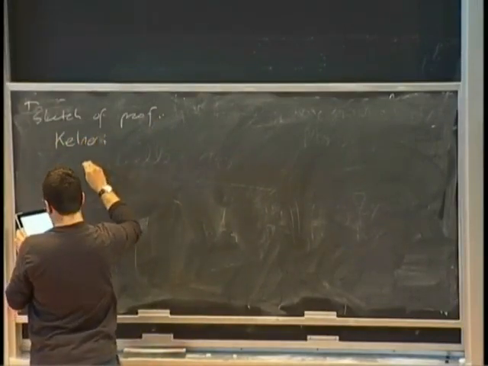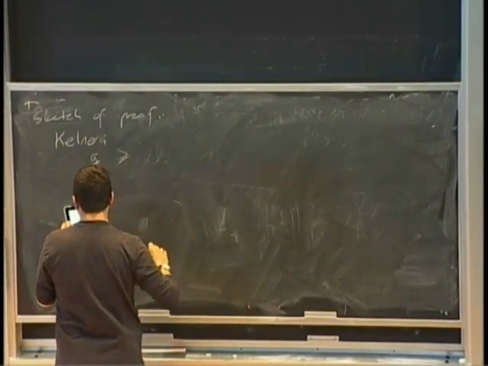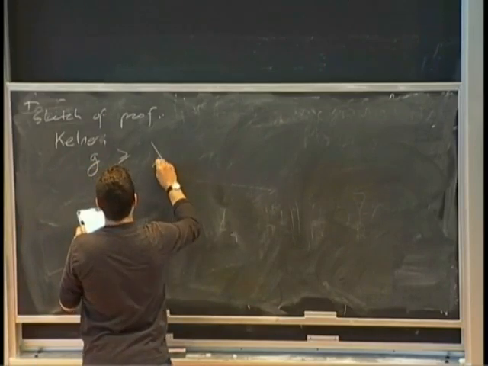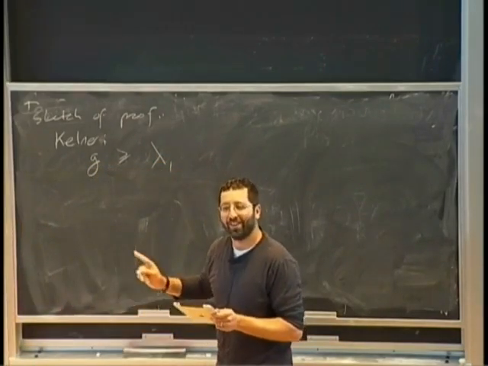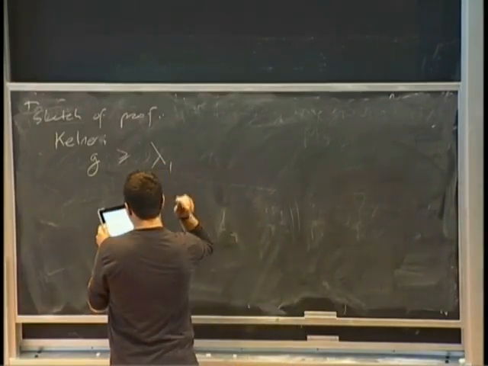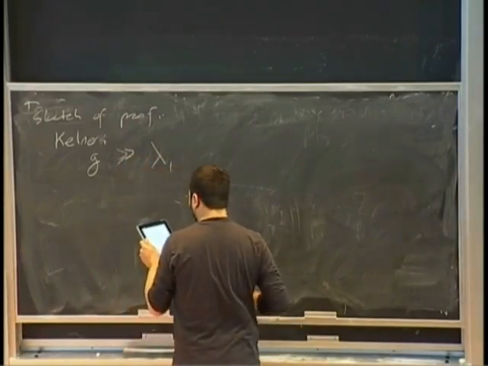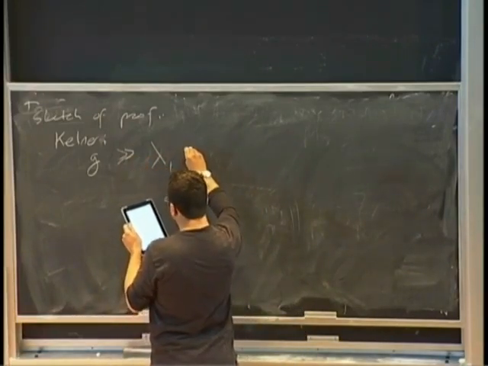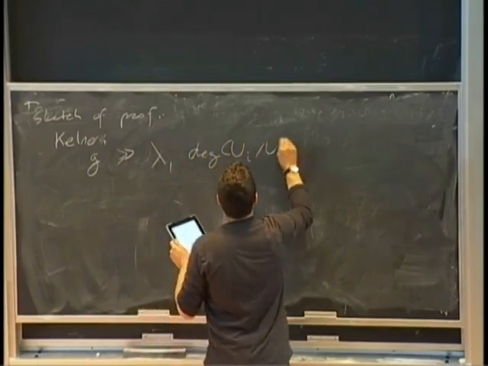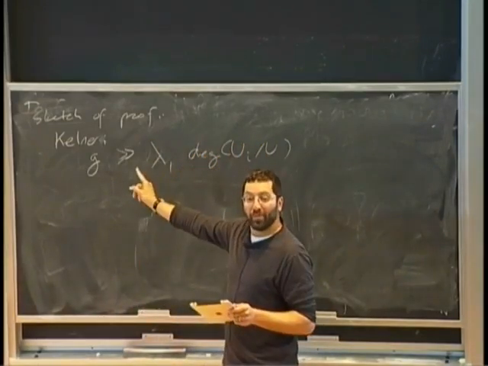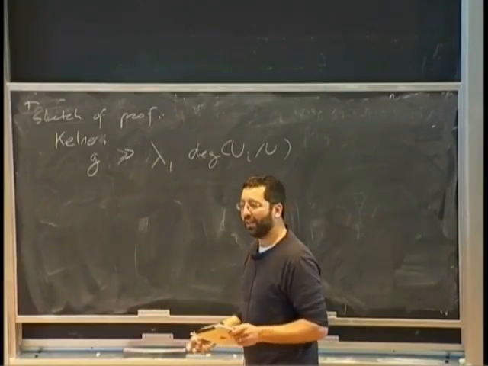That's the first thing that you need. So the genus grows linearly. Well, all constants are going to be 1 in this talk. I'm not going to keep writing them, sorry. But it's bounded by the spectral gap times the degree. So in particular, if the spectral gap is bounded away from 0, which is the situation where we have expanders, then that tells you that the genus grows linearly in the degree.